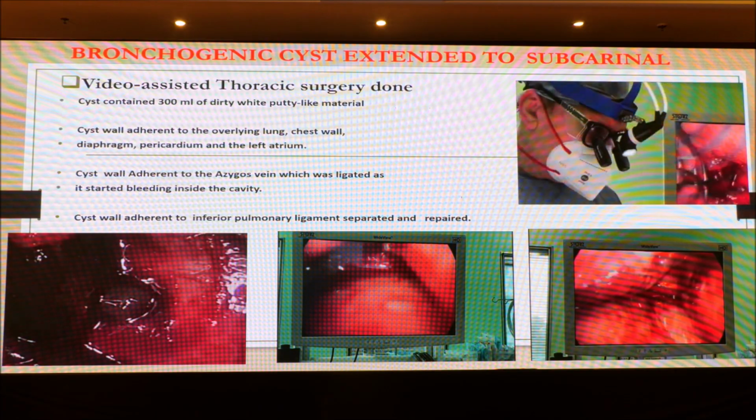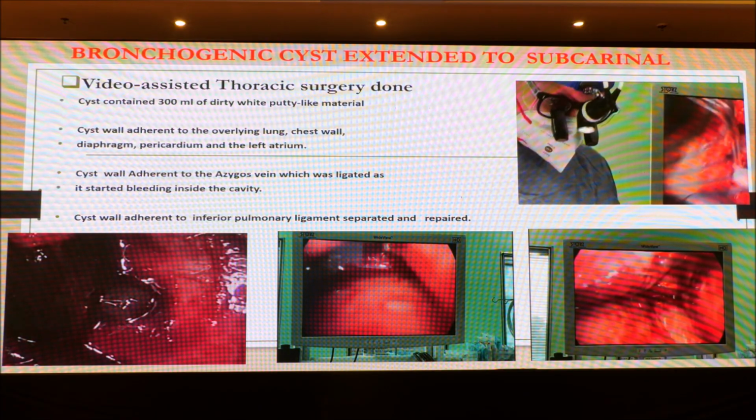So the pressures started falling, and then what we did is we ligated the azygos vein, and after that, when we were dissecting the lower part, the inferior pulmonary vein also started bleeding. So then we did a partial repair of the vein, but we preserved the vein. So then we were able to remove the entire cyst.